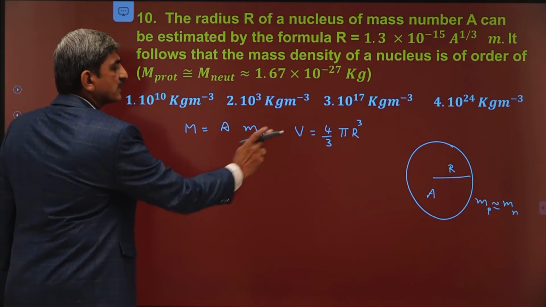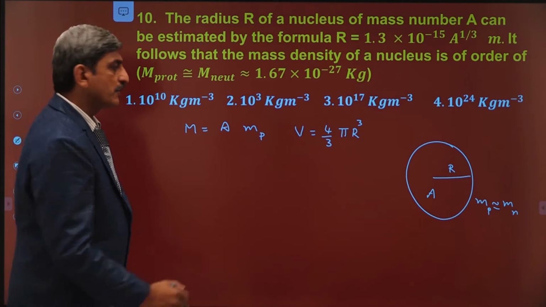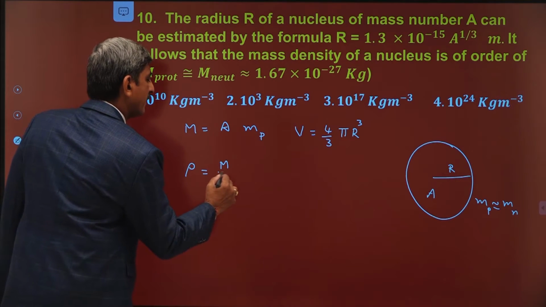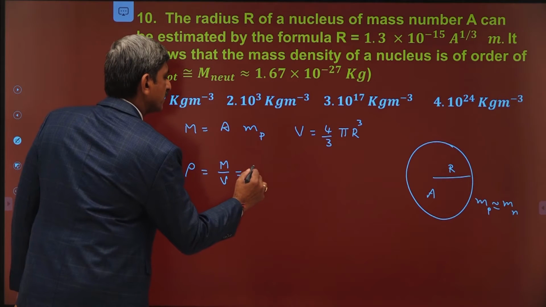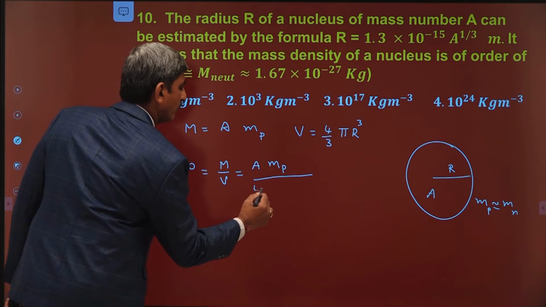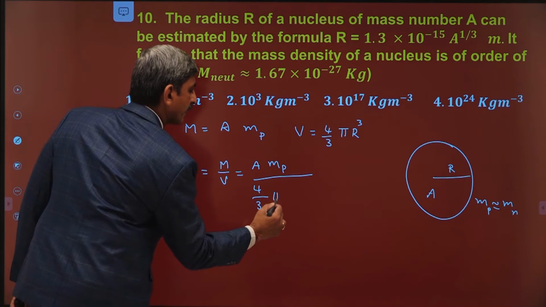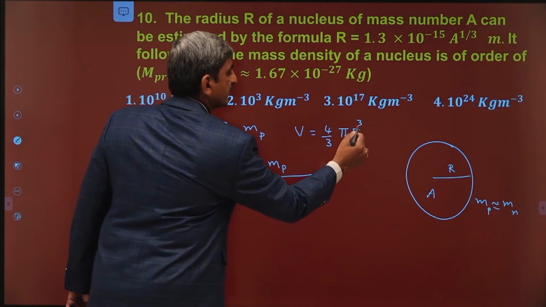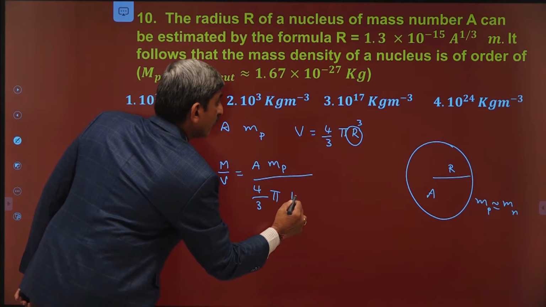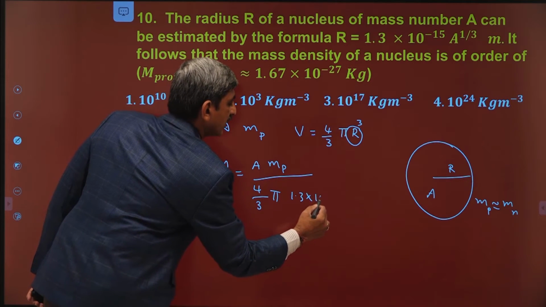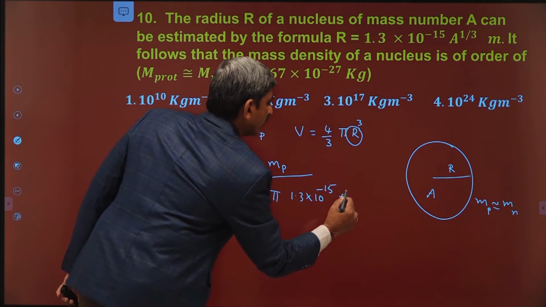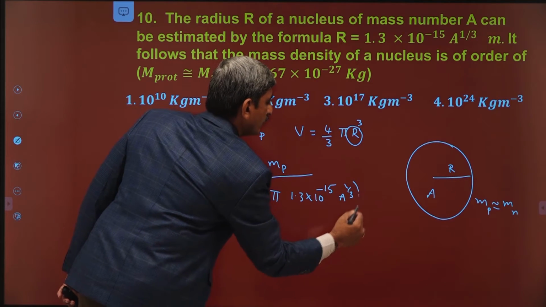Now by knowing the mass and volume, can you estimate the density of the nucleus? Yes. The density rho is equal to mass by volume, that is equal to A times mp divided by 4/3 pi r cube. Instead of this r, I am going to substitute the given expression, that is 1.3 into 10 to the power of minus 15 A power 1/3 whole cube.